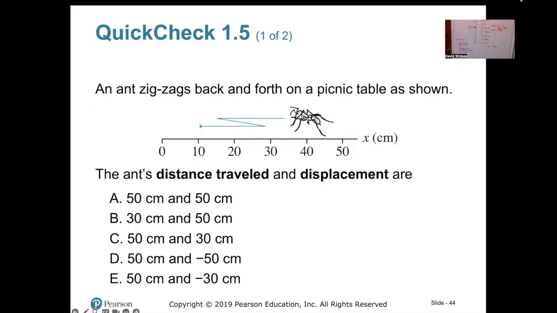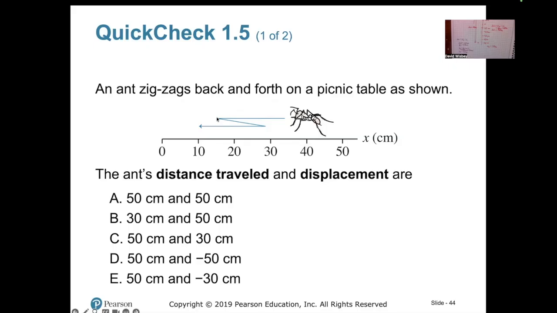It looks like he went all the way over here from 40 to 15. So 40 to 15, what is that? That's 25. Then he came back 15. I'm always confused by this.